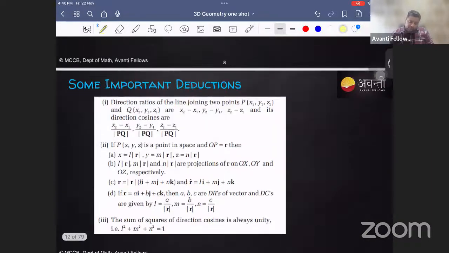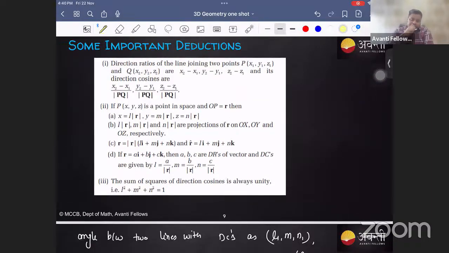Now let's go forward. Now see, direction ratios of a line joining 2 points x1, y1, z1 and x2, y2, z2 are x2 minus x1, y2 minus y1, z2 minus z1. Why so? Now let us assume there is a line passing through 2 points A, x1, y1, z1 and B, x2, y2, z2. Yes or no?